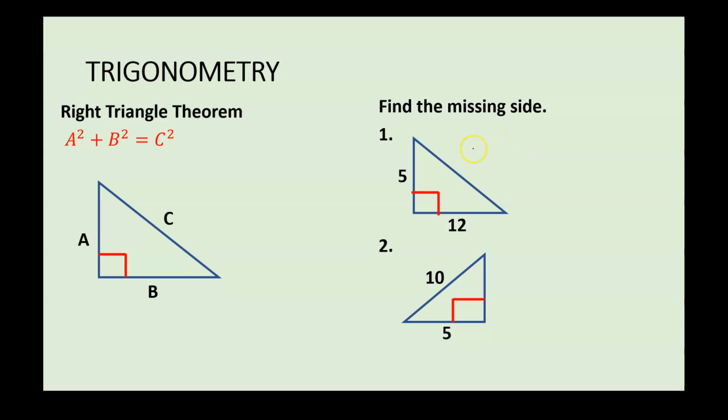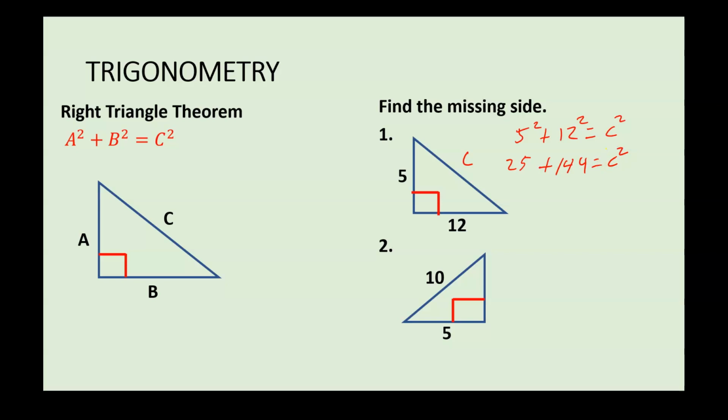For number one, let's call that C. So we know that 5 squared plus 12 squared is going to be equal to C squared. That gives us 25 plus 144 equal to C squared.